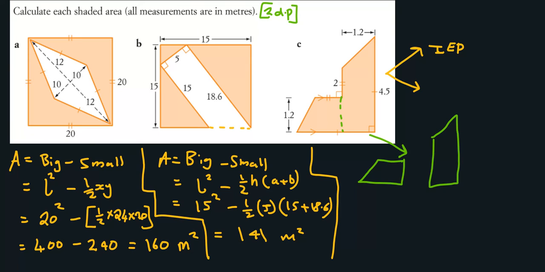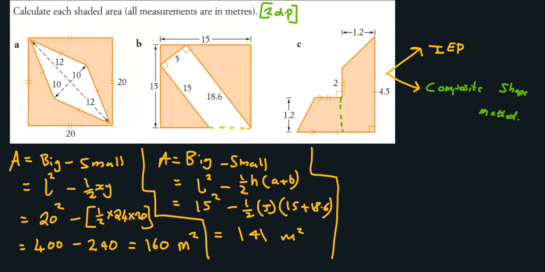It would be good practice for you to use the composite shape method to see that you get the right answer. But I'm going to use the inclusion-exclusion principle. So I think that's much easier.